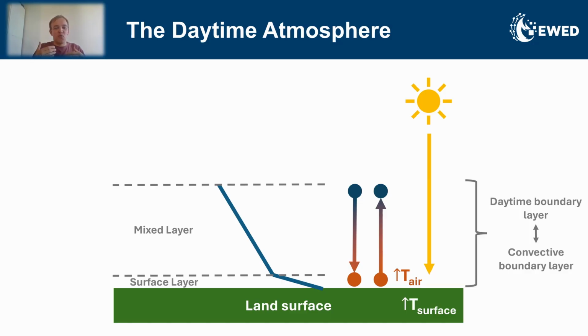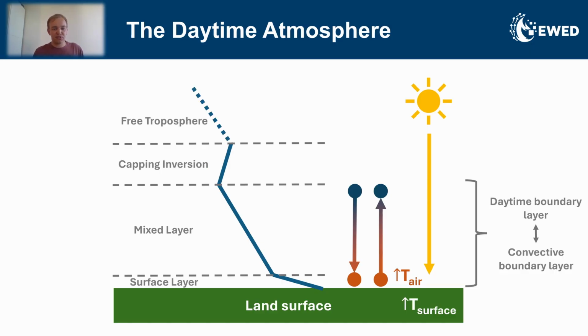You might ask, why do these parcels stop at the top of the mixed layer? This is because during daytime, the mixed layer is capped by a so-called capping inversion, where the temperature increases with height. Meaning that if an air parcel rises further, here indicated by the orange arrow, it becomes cooler and thus denser than the environment, meaning that it will drop down into the mixed layer again, such that it inhibits further vertical rise.